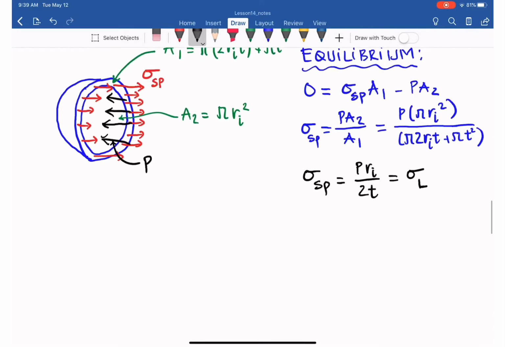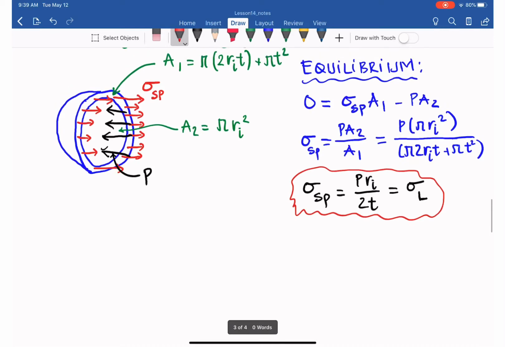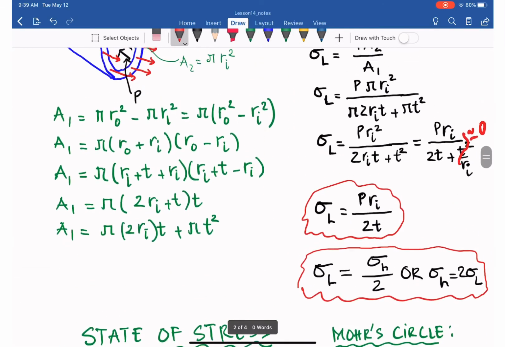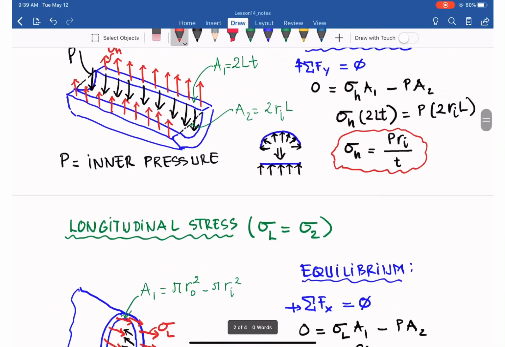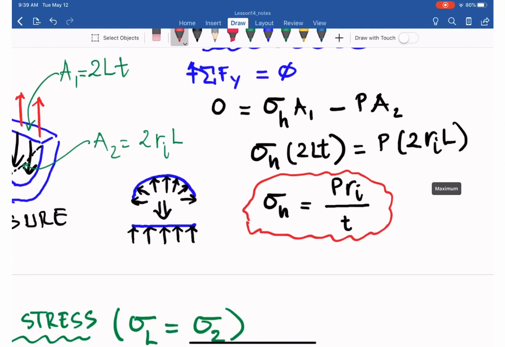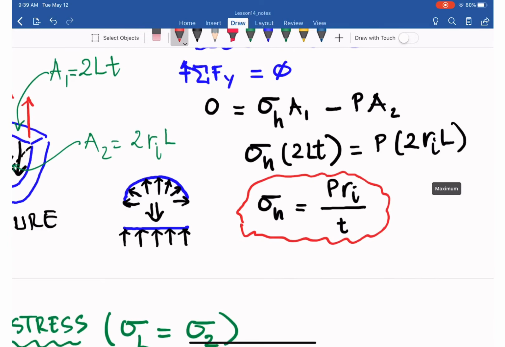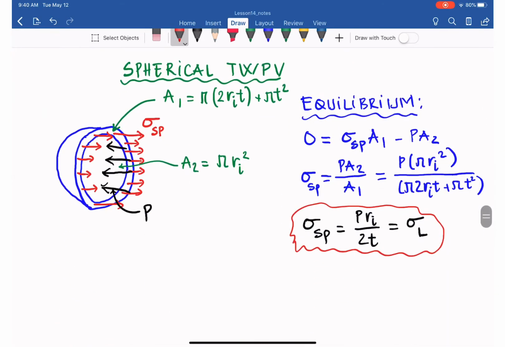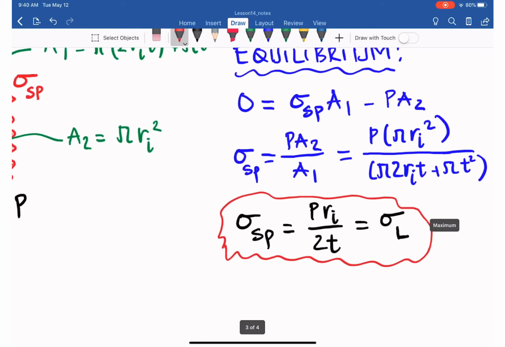So as you can see, in any direction, the sphere has stress on the material of only P r over 2t. But for the cylindrical shape, the maximum stress is P r over t, which is the hoop stress. For the sphere, it is only half of that, P r over 2t.